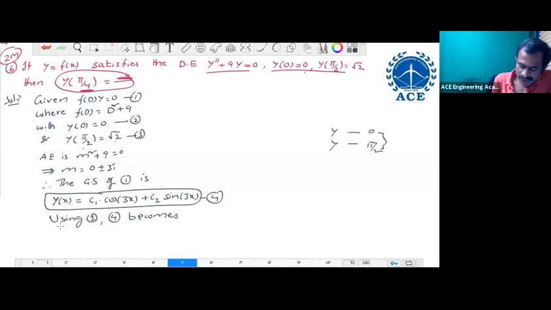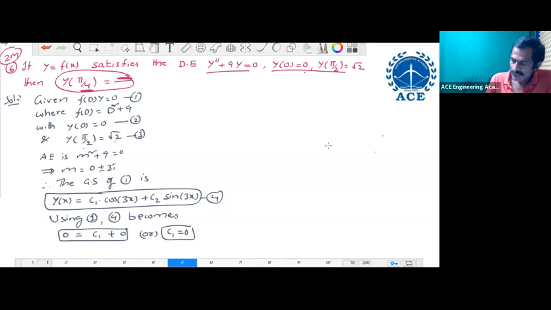Wherever x is there, substitute 0; wherever y is there, substitute 0. 0 equal to c1 cos 0, which is 1, plus c2 into sin 0, which is 0. So from this we can say c1 equal to 0. Up to here we know the c1 value.